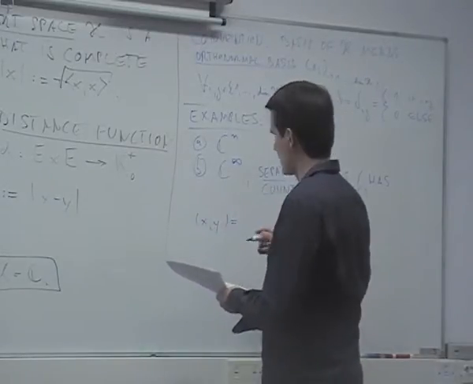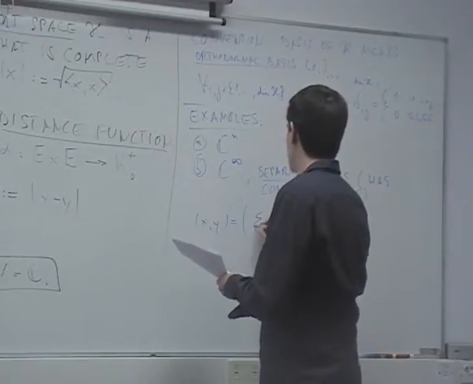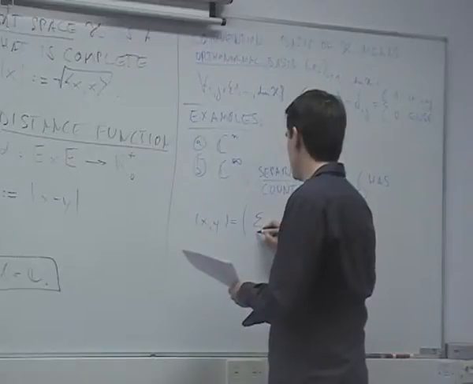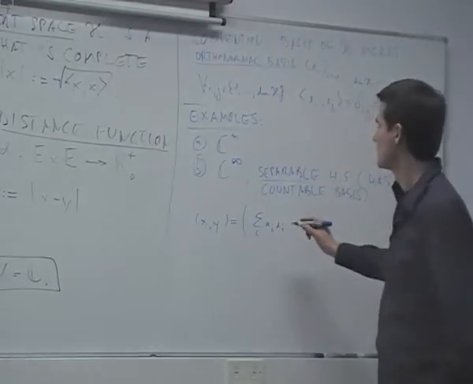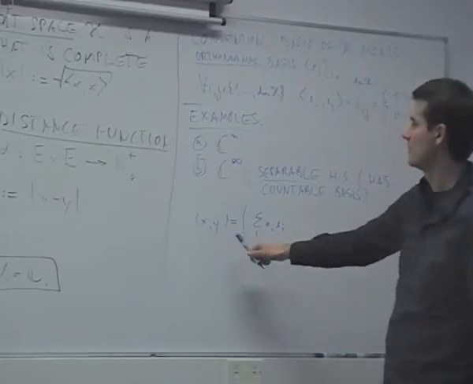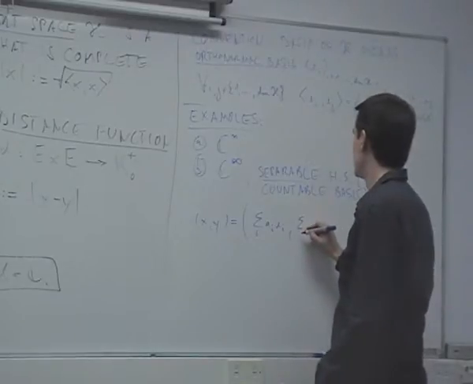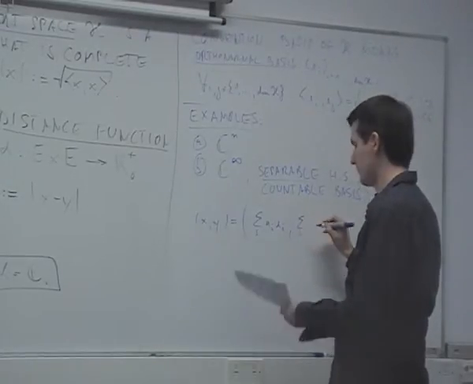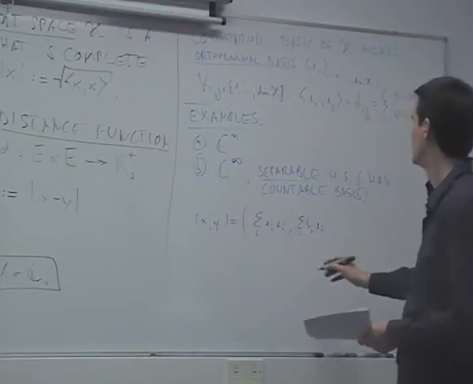goes to something, but first let me rewrite this. I write this with respect to a certain basis. So this is a representation of x in the basis e_i, and similarly I get something for y.